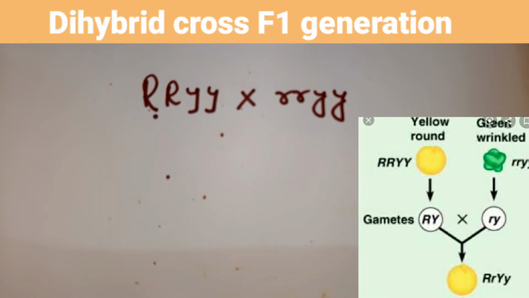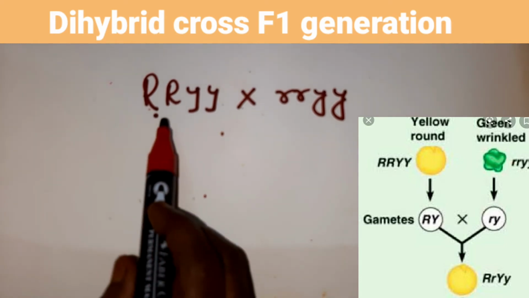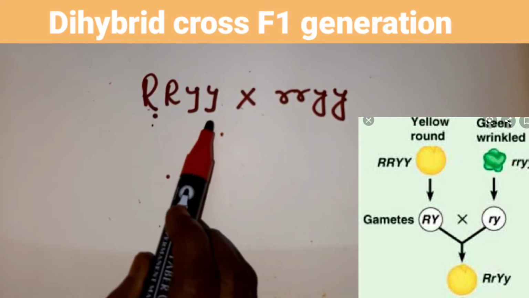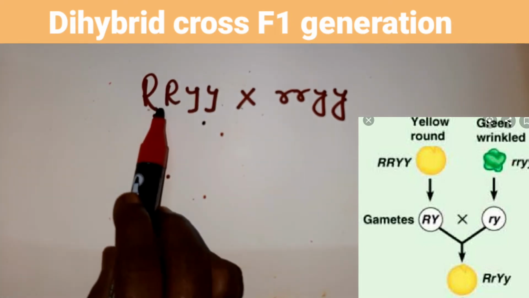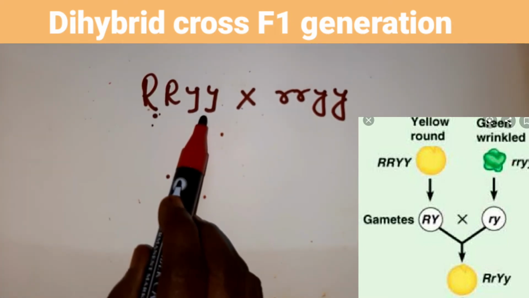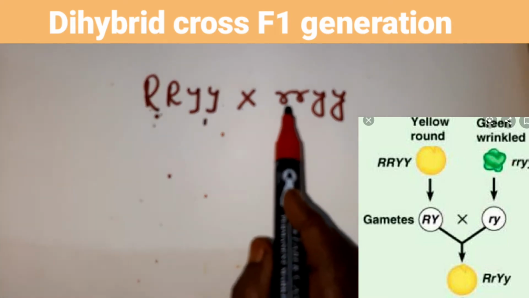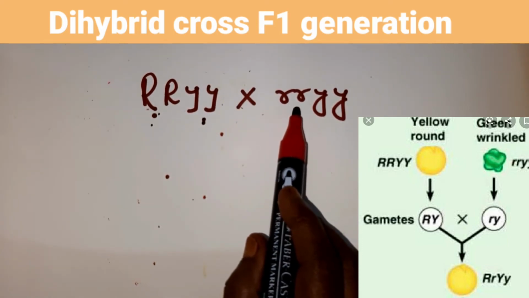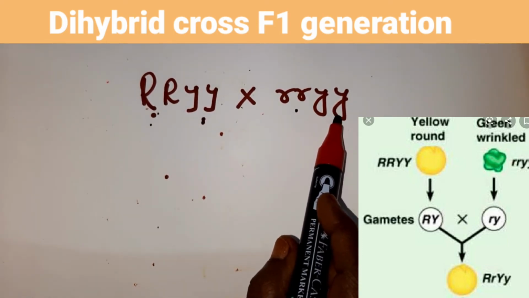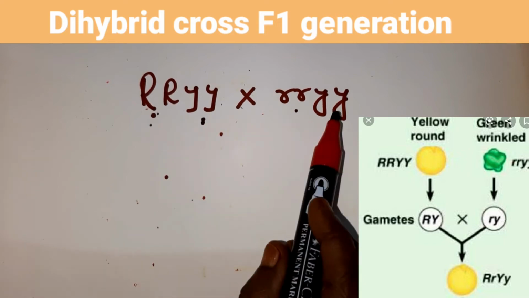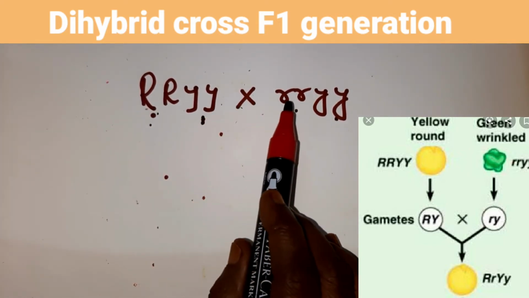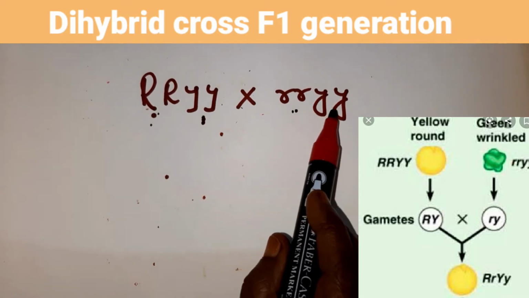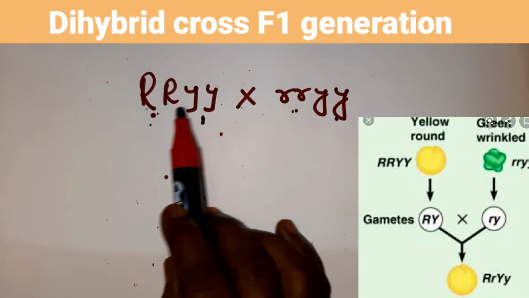Here he picked round and yellow seed plant, children, and wrinkled and green seed plant, and he cross-pollinated them.